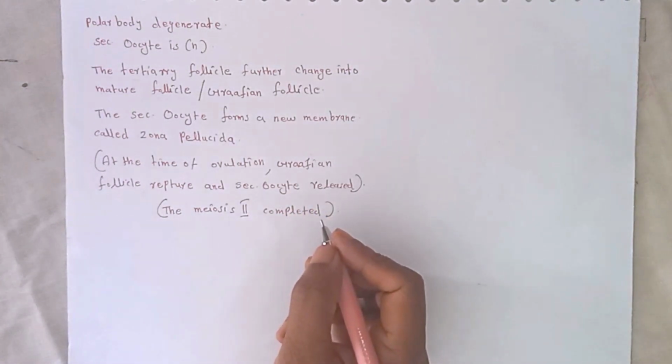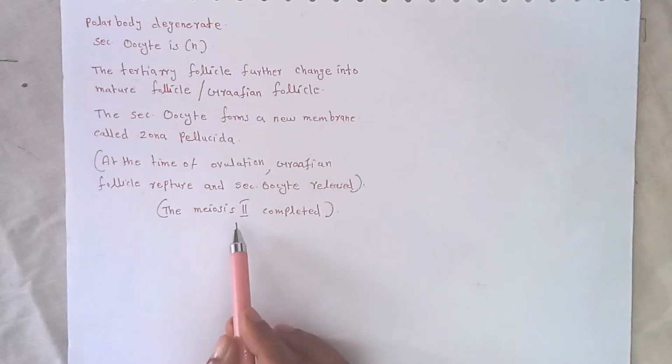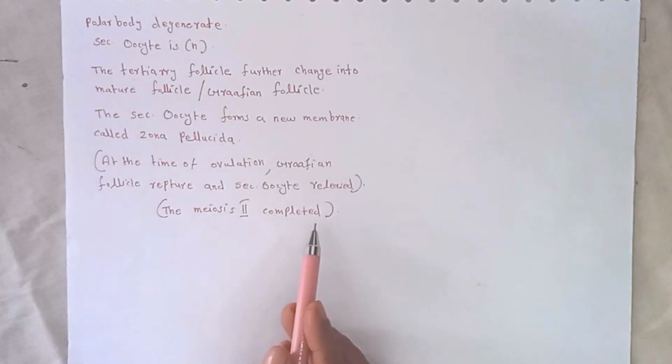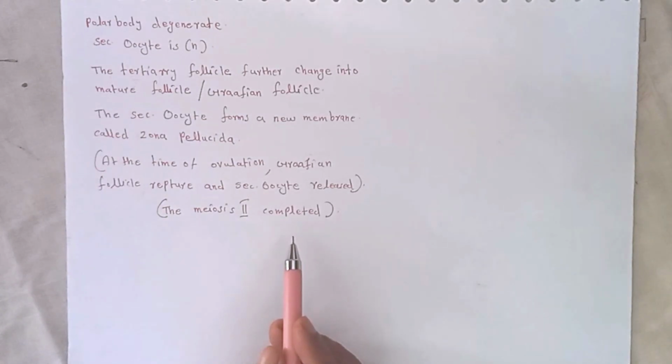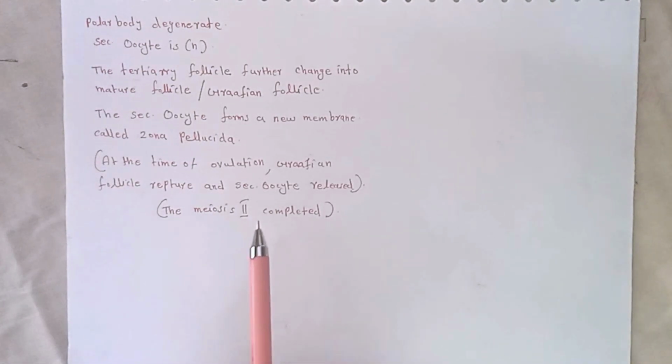We already discussed mitosis and meiosis in our channel. Meiosis 2 means an atypical mitosis occurs in the secondary oocyte and forms the secondary polar body and ovum.